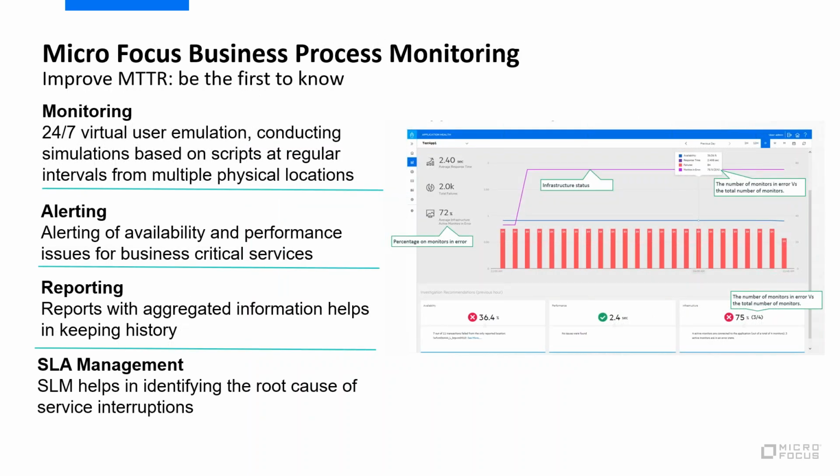Okay, mainly it improves our revenue because of all these four options that we have in our APM. So 24/7 monitoring will be there by virtual user emulation, and we can conduct multiple simulations based on the schedules we configure.